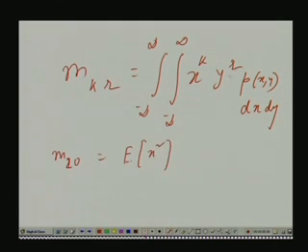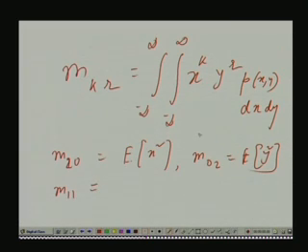Why? y to the power 0 is 1, x square, p x comma y dx dy, p x comma y will be written as before like p of y by x and then p x, this integral will be 1 and we get expected value of x square. Similarly, M02 is E of y square and M11 is expected value of xy. These are all second order joint moments.